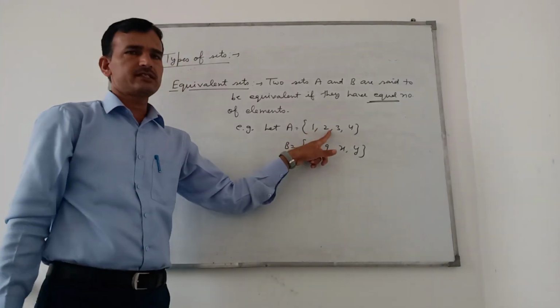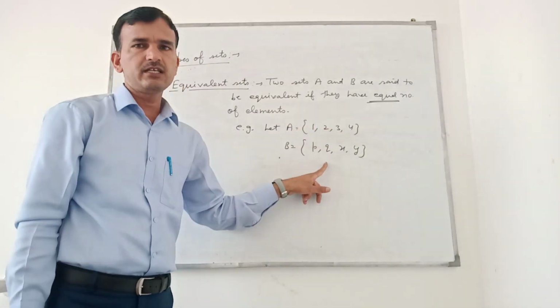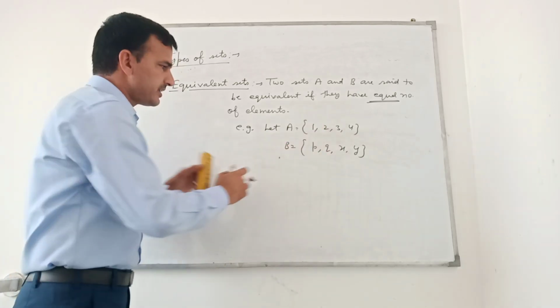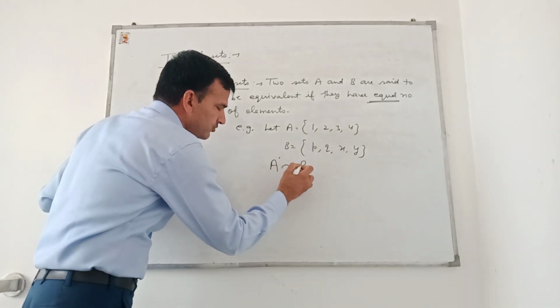Therefore, these two sets are equivalent. And equivalent sets are represented by A ~ B.